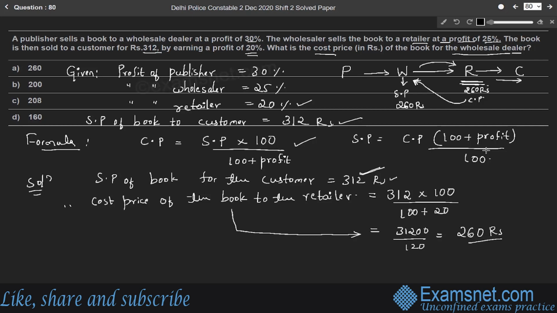When the wholesaler sells the book for 260 rupees to the retailer, this 260 rupees becomes the cost price of the book. Are you getting?